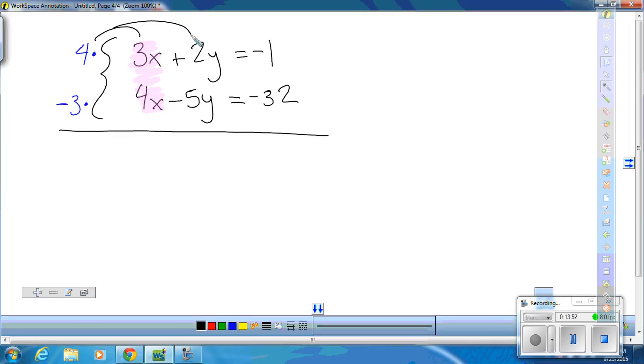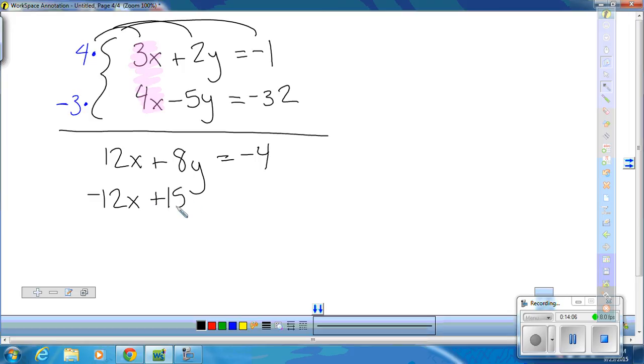So distribute the 4. That's going to be 12x plus 8y is equal to negative 4. And then down here on the bottom, I'm going to get negative 12x. Negative times negative is positive 15y. And then negative times negative is positive. This is going to be positive 96.